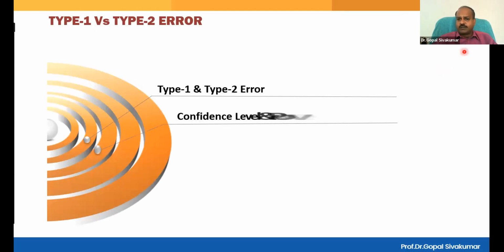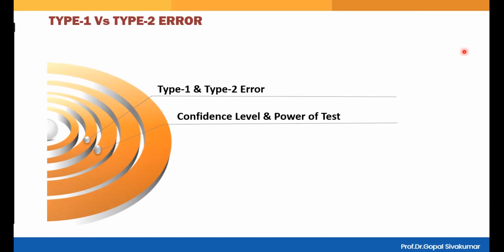Based on what we observe in the sample, we predict about our population. Suppose you make a mistake in sampling, what will happen to your prediction? Prediction will go wrong, right? So this is called sampling risk.